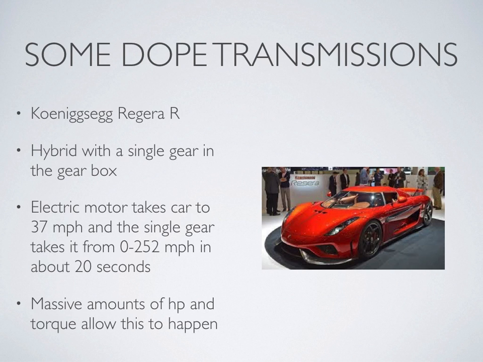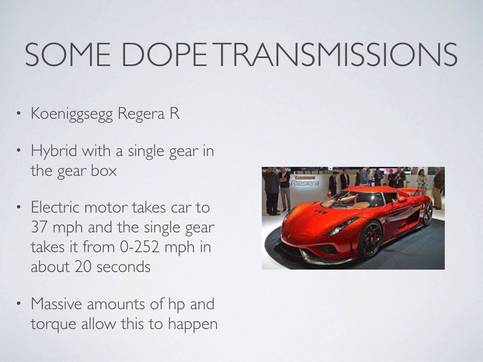Here are some cool transmissions, or just two that I liked looking up and researching. The Koenigsegg Regera, as the Swedish say, Regera. That supercar has a very unique gearbox. It has a single gear.